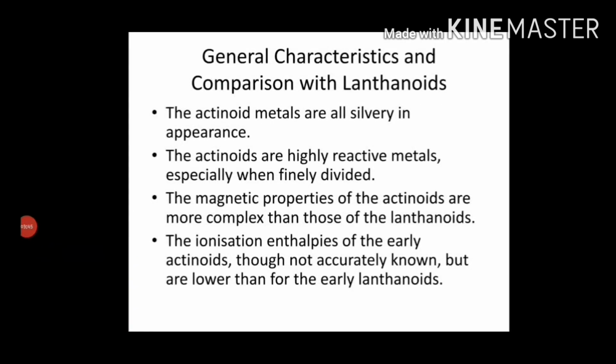All the known actinoid metals are highly electropositive and they resemble lanthanoid series in this respect. The actinoids are paramagnetic due to the presence of unpaired electrons. However, the magnetic properties of actinoids are more complex than those of lanthanoids.